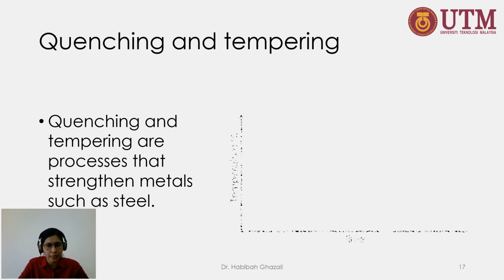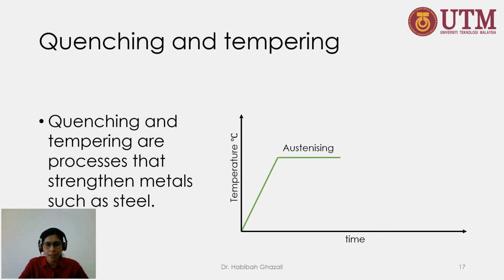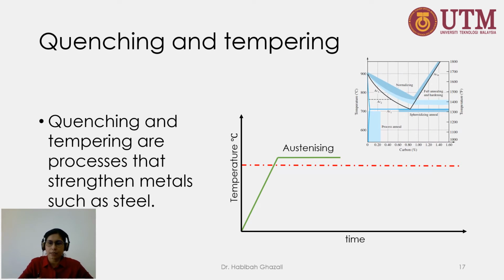So the first stage always involves heating up the steel above the austenite transformation line. So here, if you look at the phase diagram for hypoeutectoid steel, it will be heated up above this line. For hypereutectoid steel, it will be heated up above this line here.